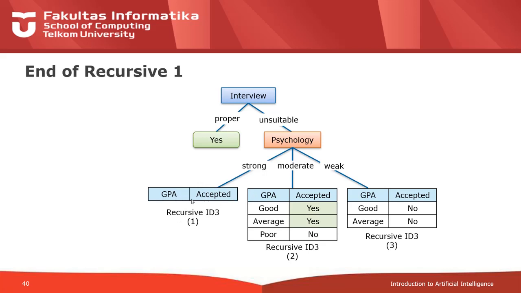So when we split the rows, it's gone. But for moderate and weak, we will have a sub table here that we need to process. And for weak, even without going to the entropy, we already know that the entropy is 0 here, homogeneous, all of them are not accepted, so we can say that the weak is no.